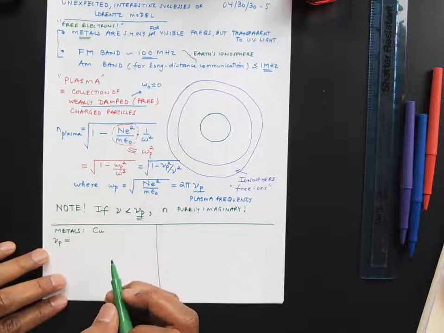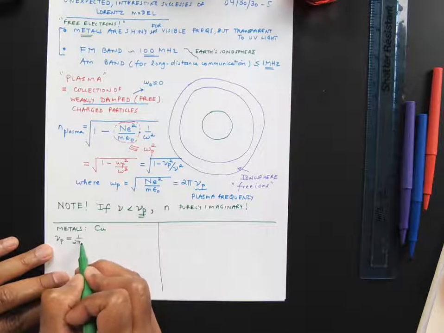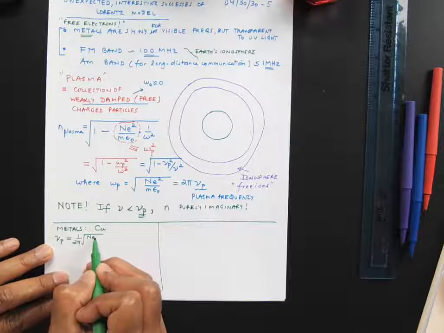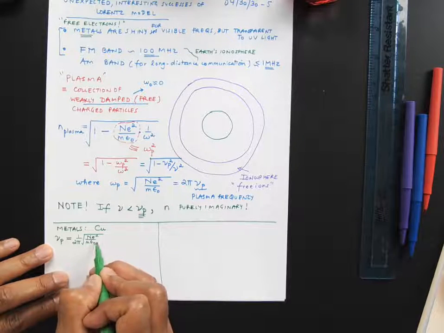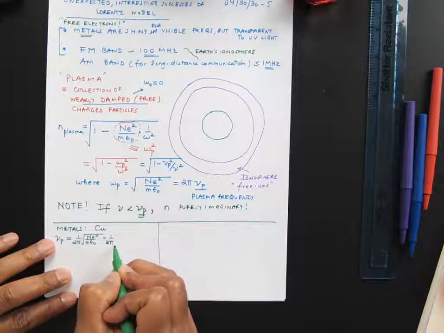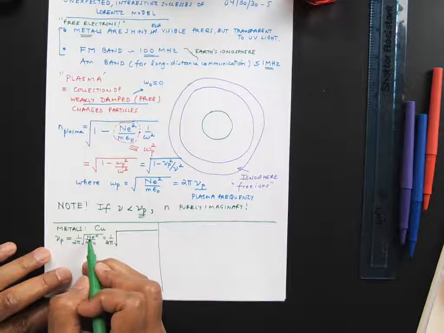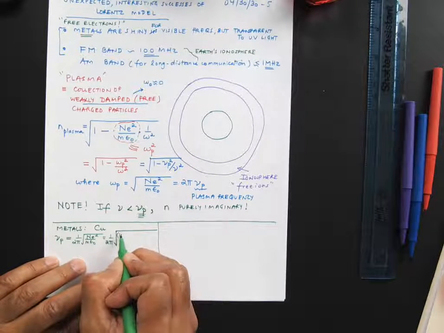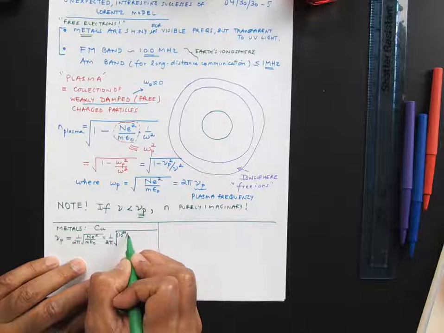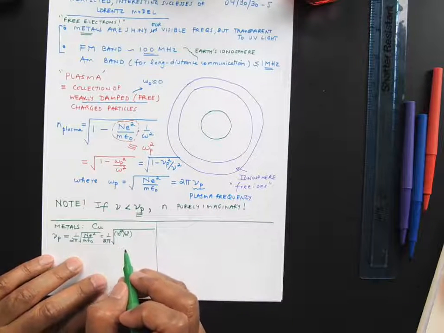And I have the numbers here. So it's 1 over 2 pi square root of NE squared over M epsilon naught, and I have the numbers: 1 over 2 pi square root. The number density I have as 10 to the 29 per meter cubed. Very dense, you know. It's a solid state medium.